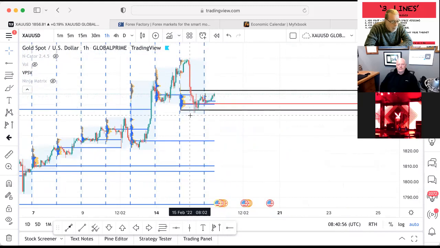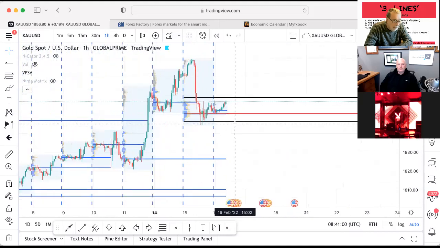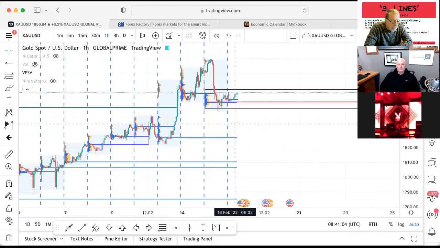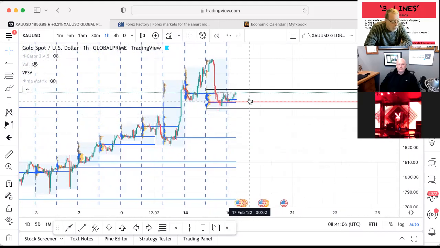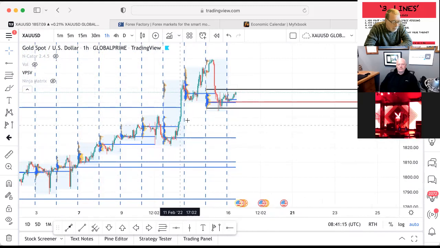Now, we need to try and work out where price is going to go today. As with all trades, it's got basically 3 options. It can either go up, or it can go down, or it can go sideways. Looking at previous days, I don't think it's going to go sideways for very long.